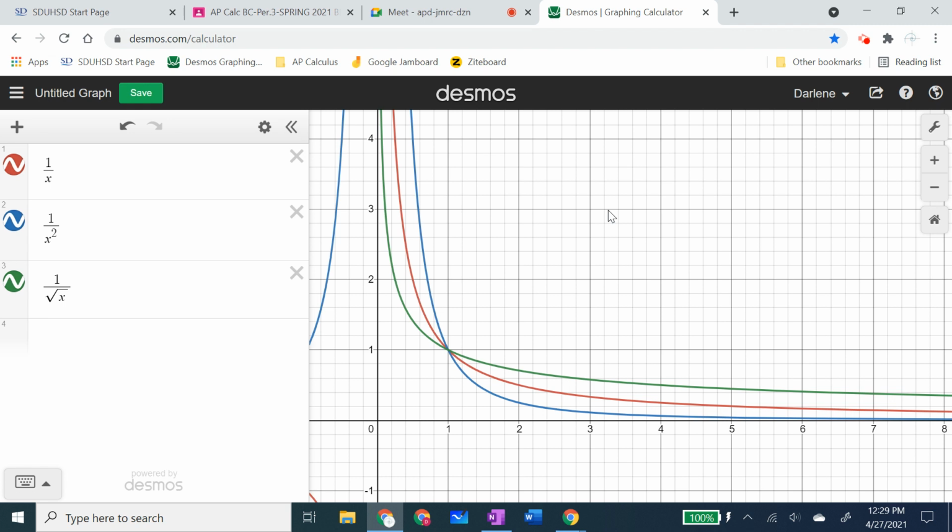If you're testing a series, you need to write the sigma in front of it. You need to tell it, this is the series I am testing.